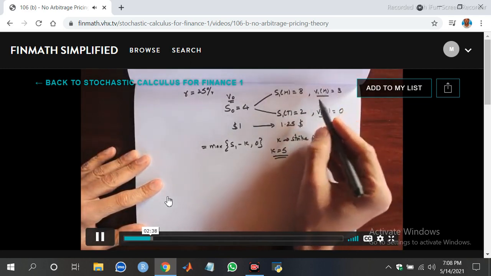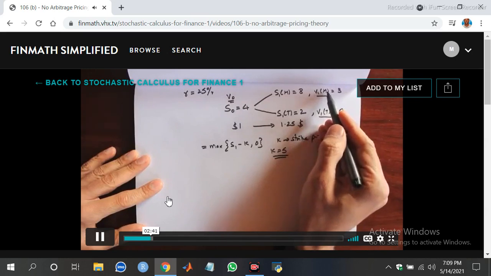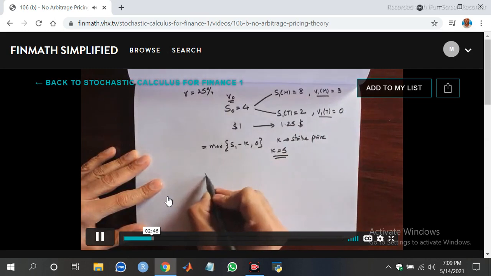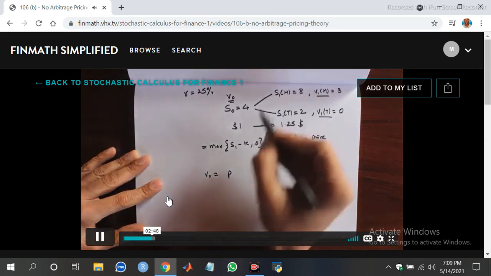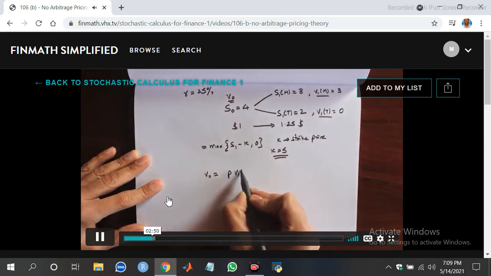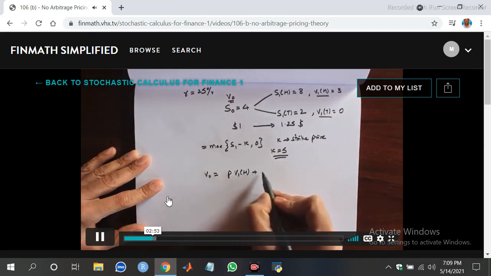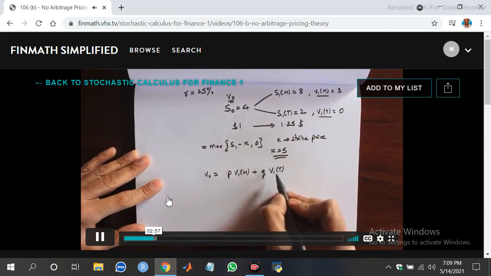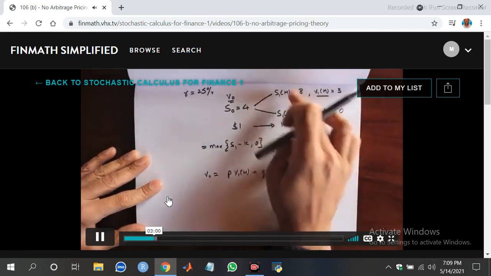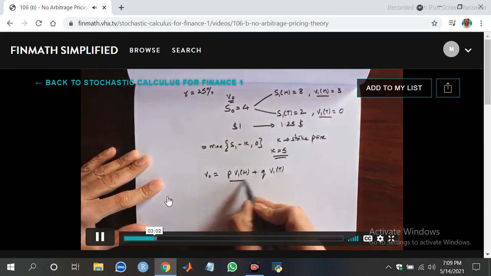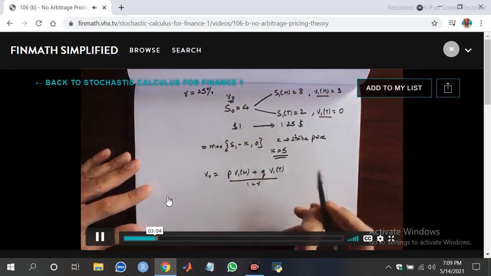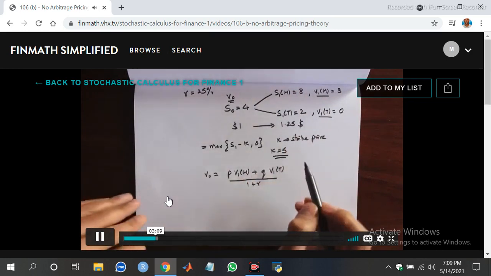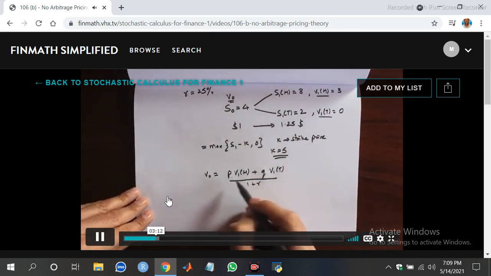So if I can figure out the probability of coming to this state, then the value would simply be V0 equals, let's say the probability of going up is P, P times V1H plus Q, which is the probability of going down, times V1T, and that's the value of the option I'll get at time 1, and I need to discount it, so I divide by 1 plus R. Okay, so that's what I thought initially when I first saw this problem, that we could take this approach and calculate the value of the option.